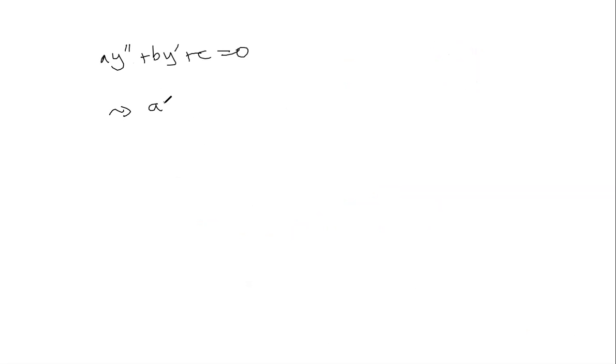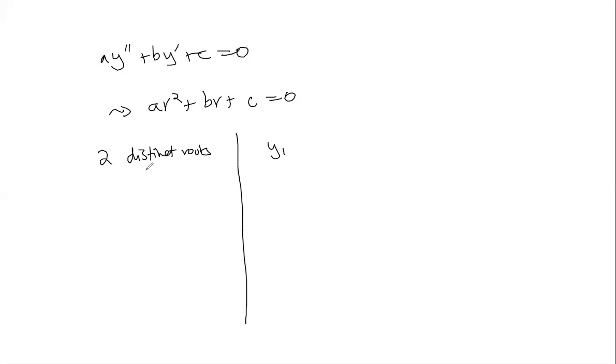We get ar squared plus br plus c equals 0. And we see that if there are two distinct roots, let's call them r1 and r2, then you get two linearly independent functions that are solutions.